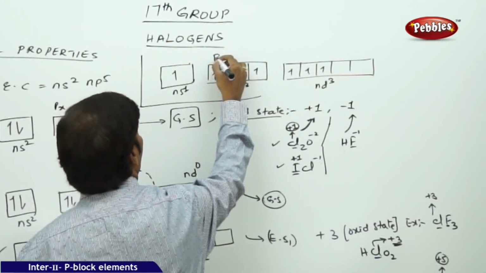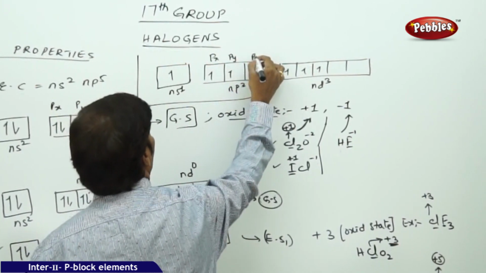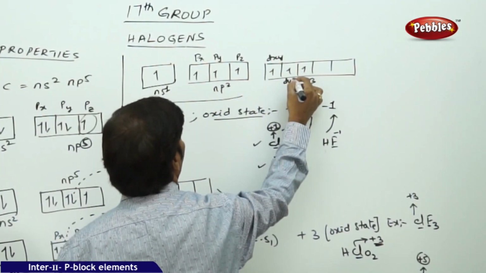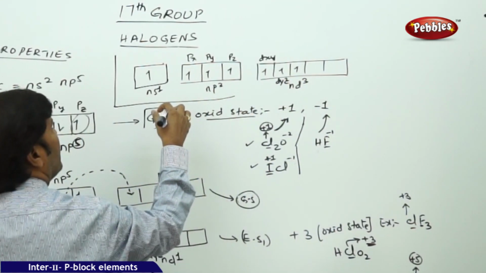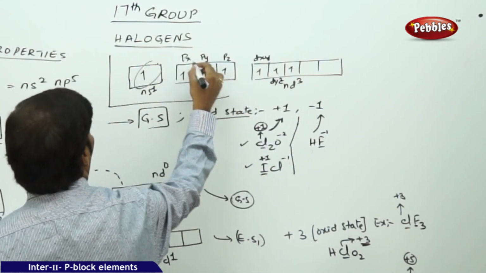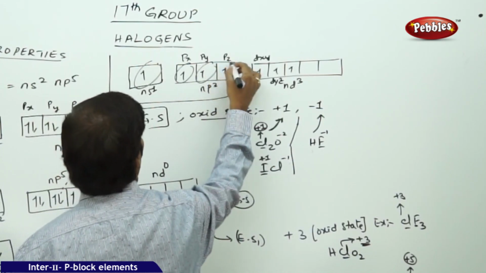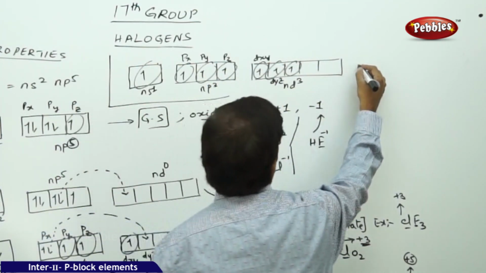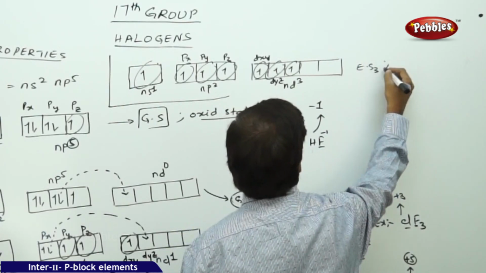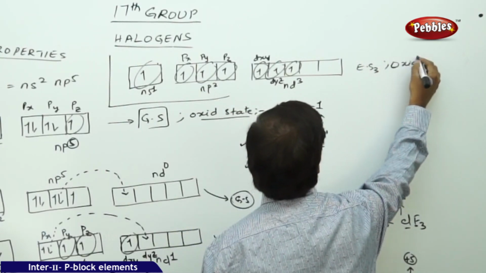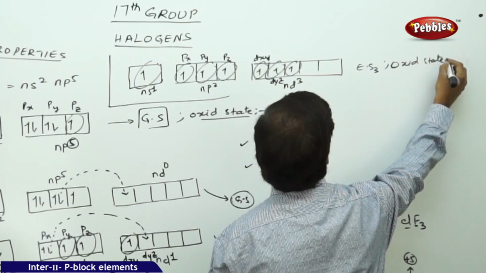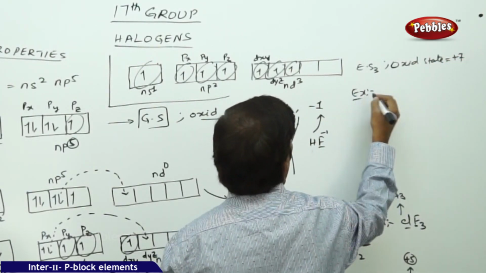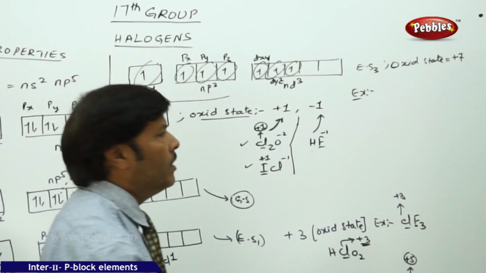So this is Px, Py, Pz, and this is dxy and dyz. What is happening here is we have 7 unpaired electrons, 1, 2, 3, 4, 5, 6, and 7. So this is the third excited state, and it has oxidation state equal to +7.